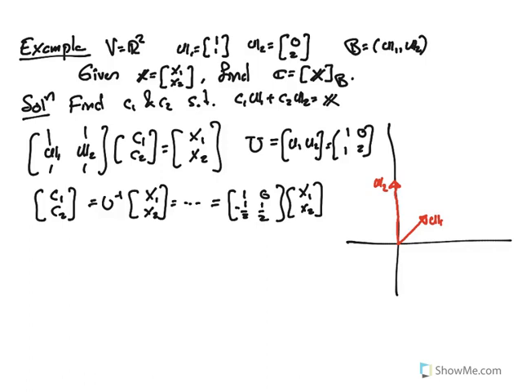Let's do an example. Suppose we take the vector (3, 1). That's x. Then what would b work out to be?